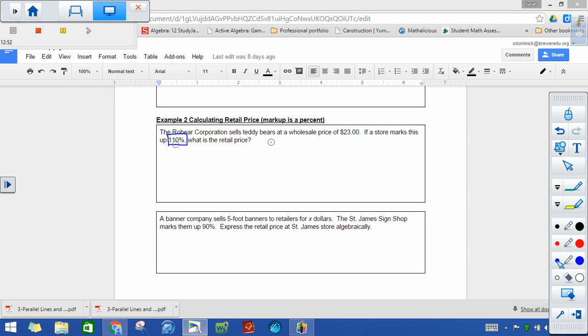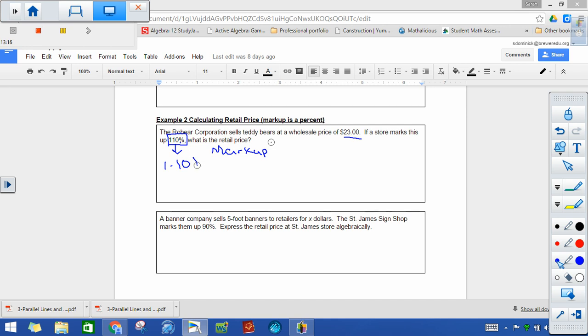So remember, to make a percent into a decimal, I'm going to move the decimal spot, which is right there, over twice. So it will be 1.10 as a decimal. And then I need to multiply that by the wholesale price. Remember, this is all to get the markup. Everything I'll do in blue is to get the markup price. Above, you were given the markup price.